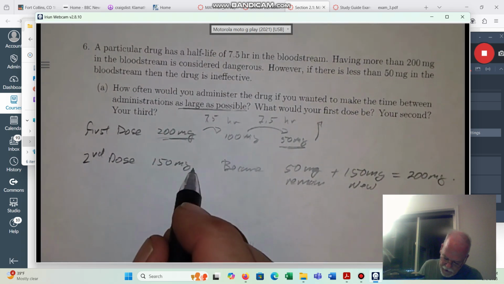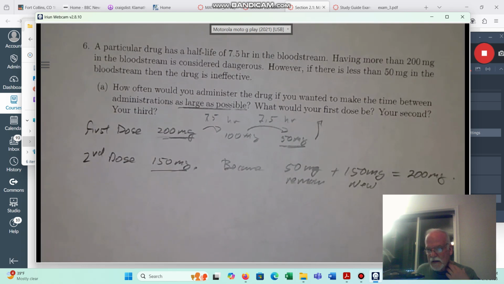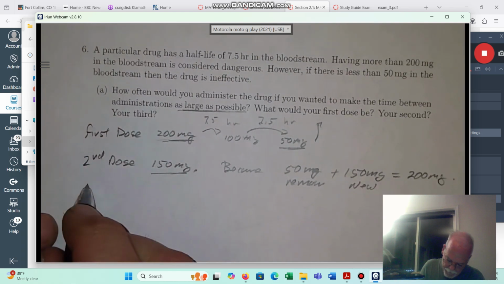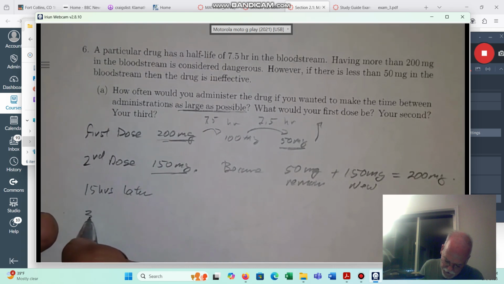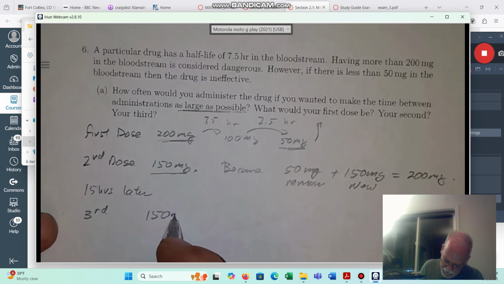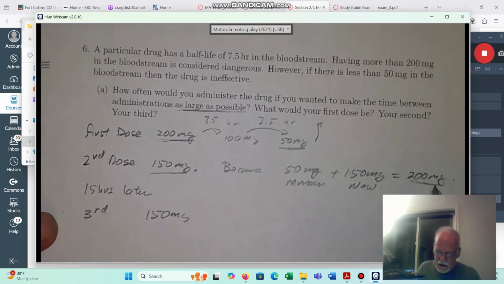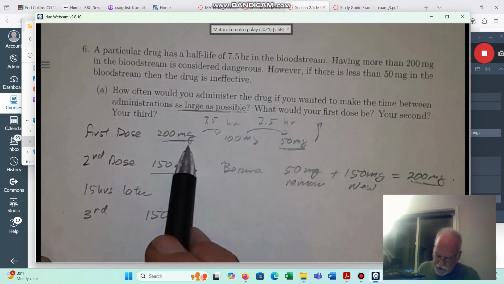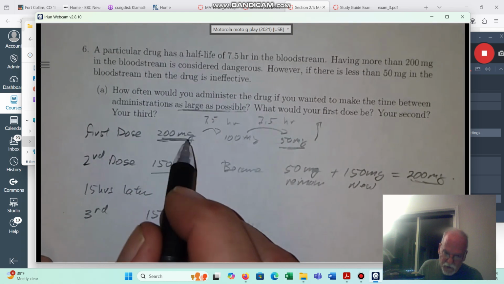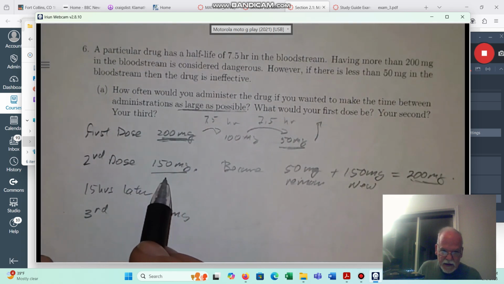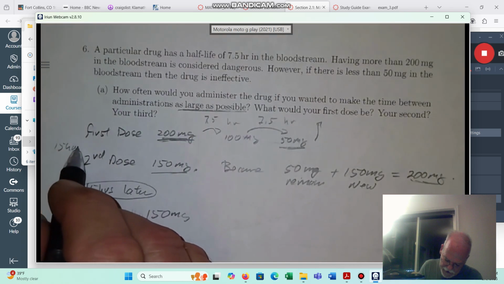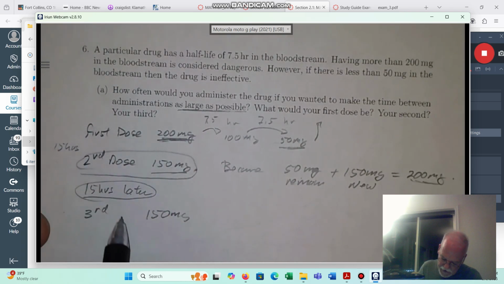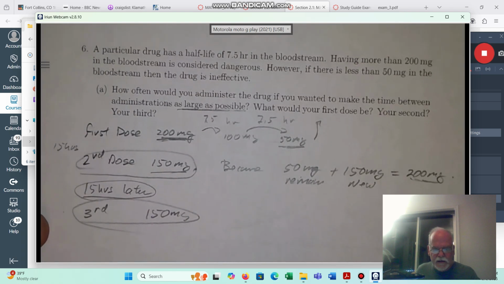And then after that, I would keep doing the 150, because 15 hours later I would put a third dose in there of another 150 mgs, because this would have decayed down to only 50 left over. So my first dosage would be 200 milligrams. 15 hours later, I'd give a second dose of 150 and then a third dose of 150.